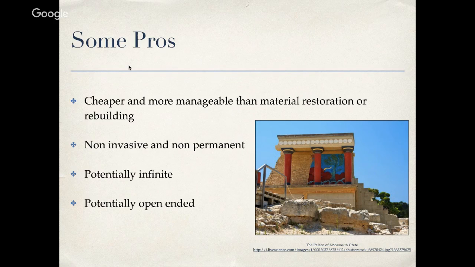And also, as with all digital projects, it is potentially infinite. Virtual space is infinite, so we don't have to limit ourselves to one hypothesis. We can develop variants, we can try different things, we can try different theories, as many as we want.